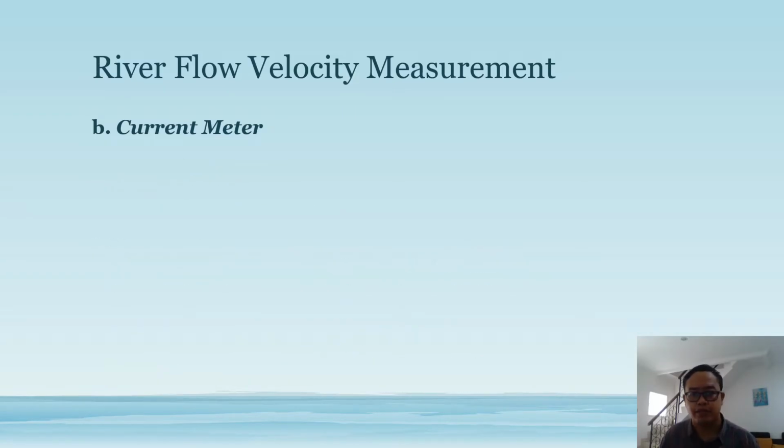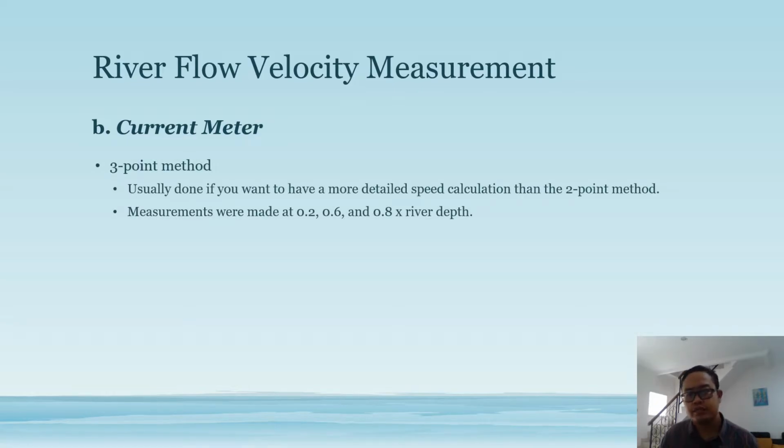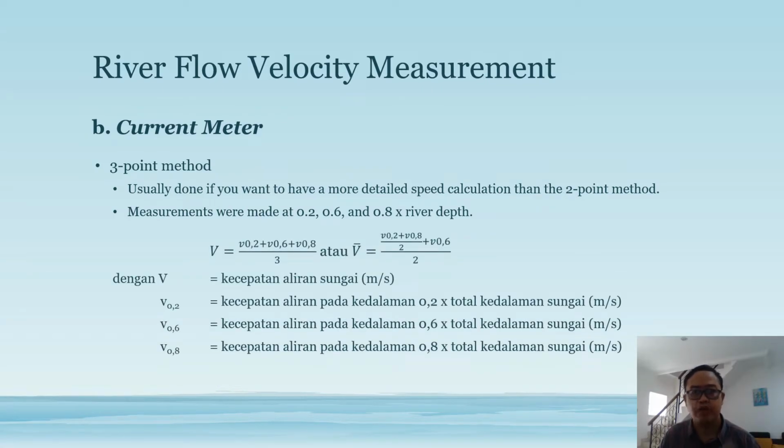And the third method is the 3-point method. This method is applied to rivers that have a very deep depth and require an even better level of precision. The calculation is done by measuring velocity at the depth of 0.2, 0.6, and 0.8 of the total river depth.